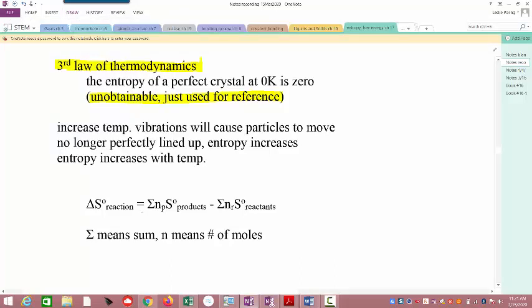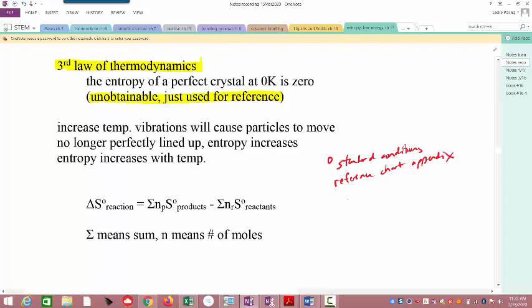So here is our equation. Delta S of the reaction, and remember that the 0 means standard conditions, which means a reference chart in the appendix.